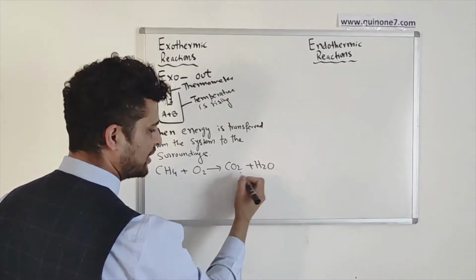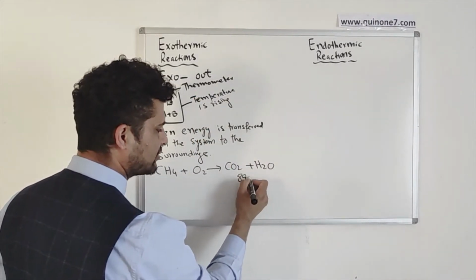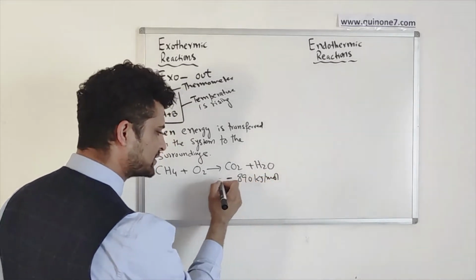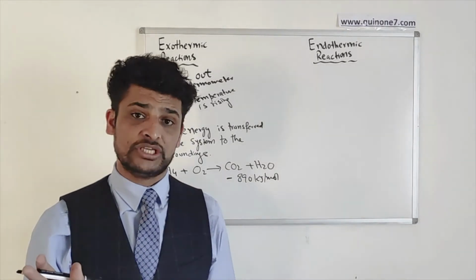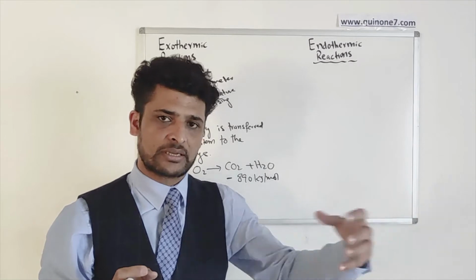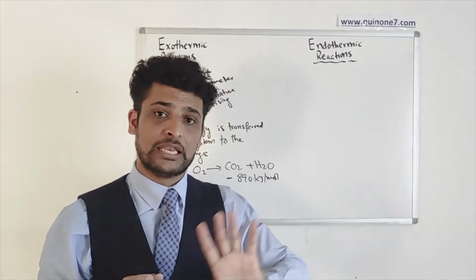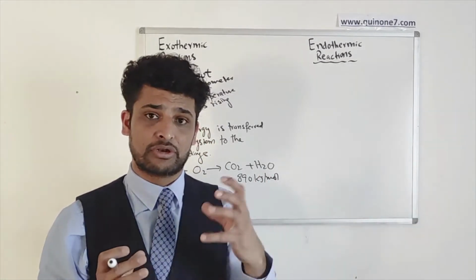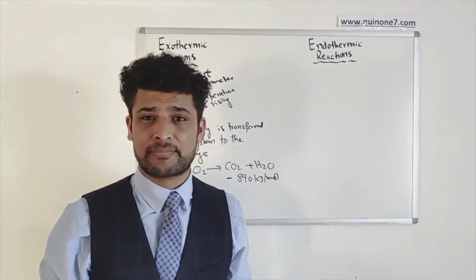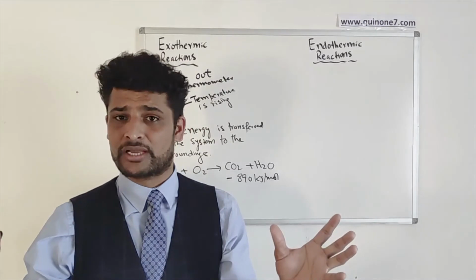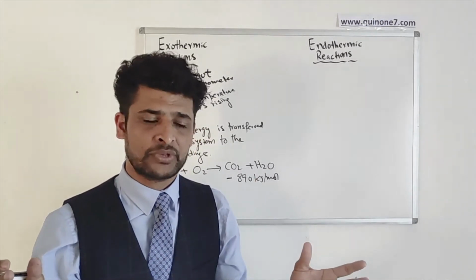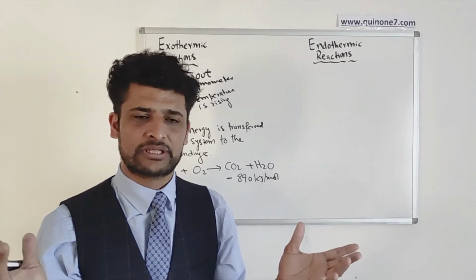If it produces 890 kilojoules per mole of energy, we represent it with a minus, because the energy is coming out of the system, out of the beaker, out of the test tube. The law of conservation of energy says the overall energy stays the same. From the reactants to the products, energy can be transferred, but you cannot destroy or lose it.